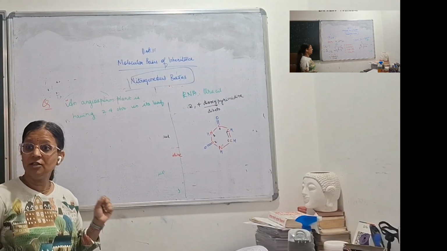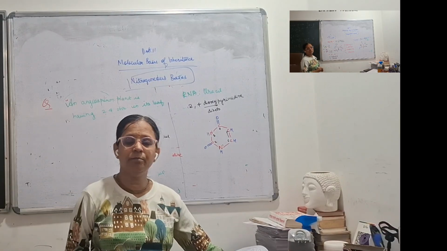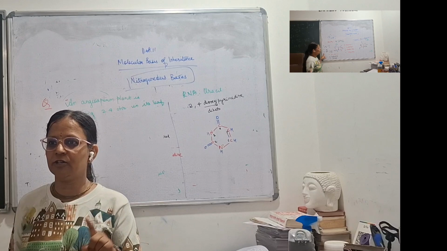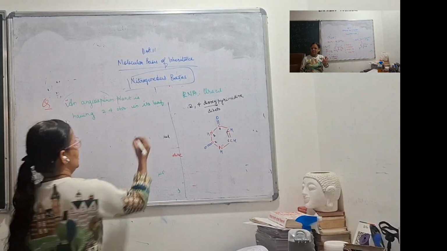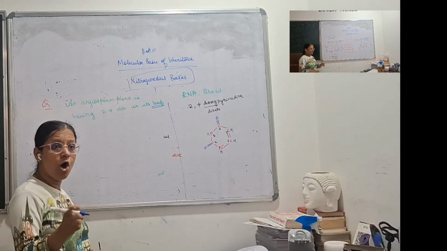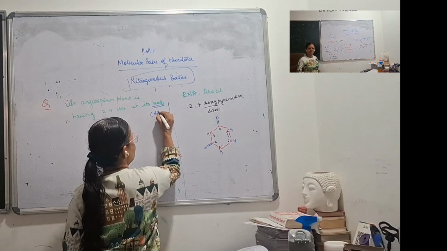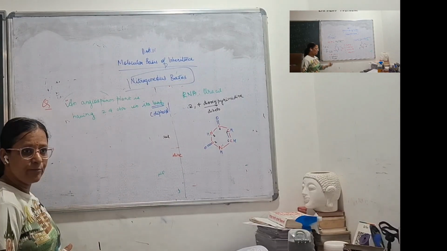Now leaf is not the reproductive part. We know the vegetative parts of a plant, root, stem, leaves, and we know the reproductive parts of the plant, that is flowers and fruit. Since they are saying leaf, that means it is a vegetative part, meaning it will have what? Diploid number of chromosomes, and not haploid.